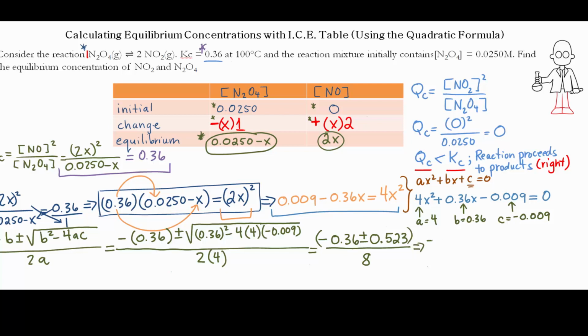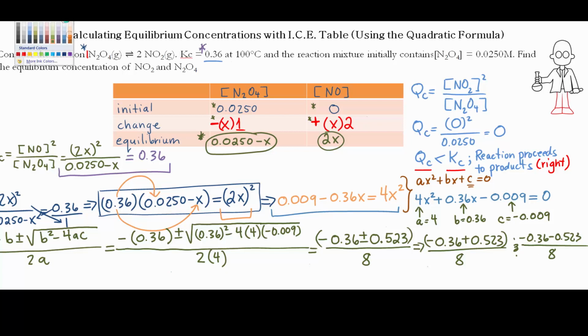That's going to be a negative 0.36 plus 0.523 divided by 8, and negative 0.36 minus 0.523, all divided by 8.